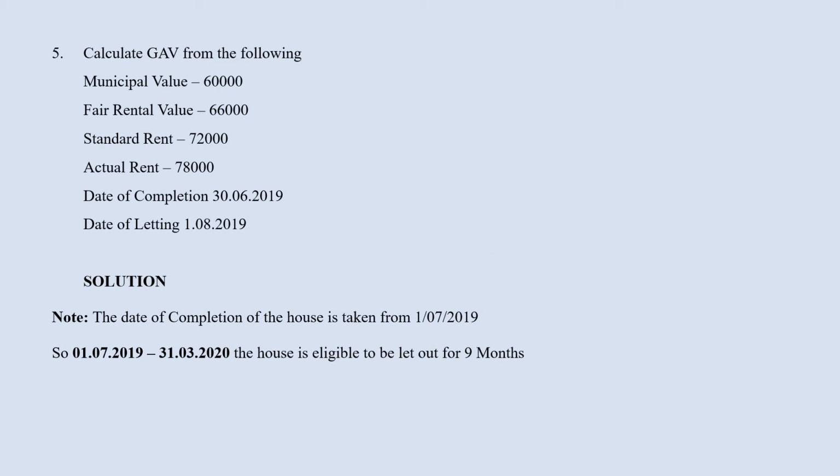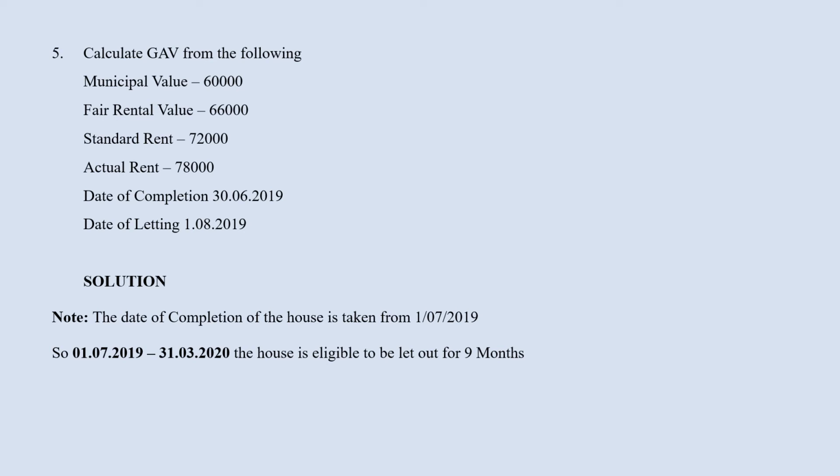In the fifth sum, what we are going to see is vacancy. If there is any vacancy of the house, what you're supposed to do. So the fifth sum says calculate GAV from the following. Municipal value 60,000, fair rental value 66,000, standard rent is 72,000, actual rent is 78,000, date of completion is 30/6/2019, date of letting is 1/8/2019.